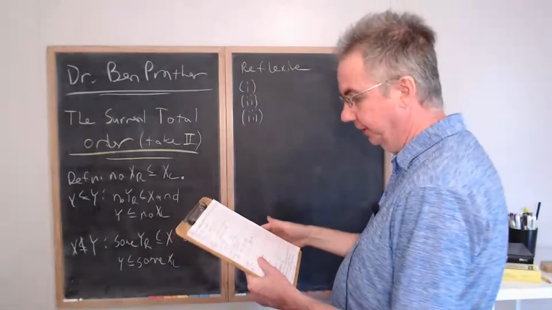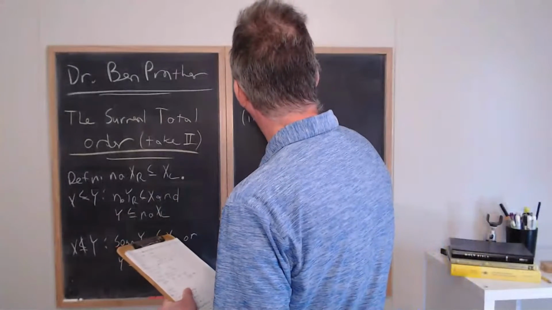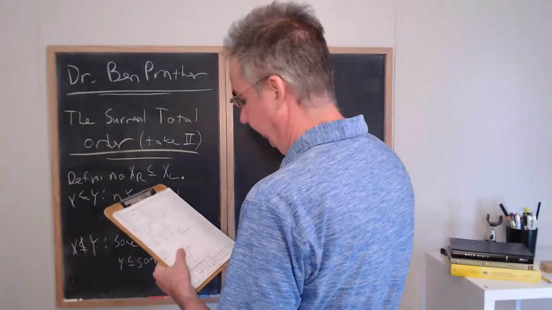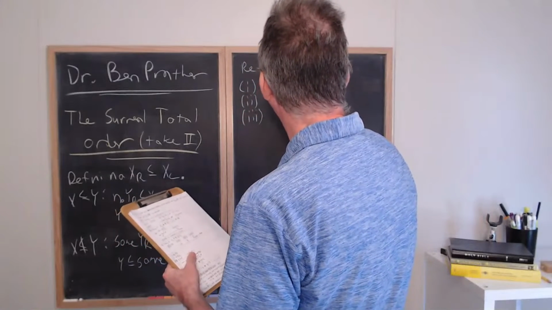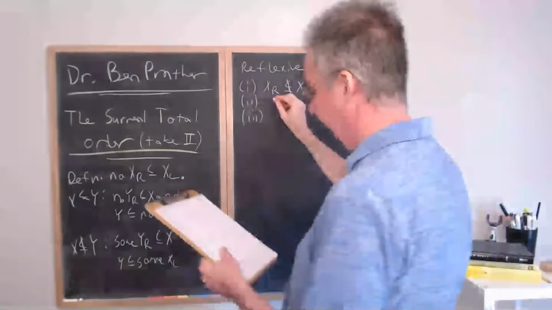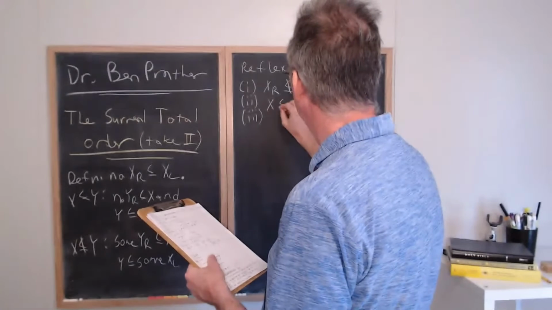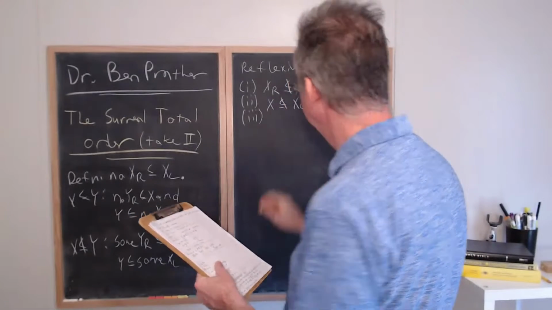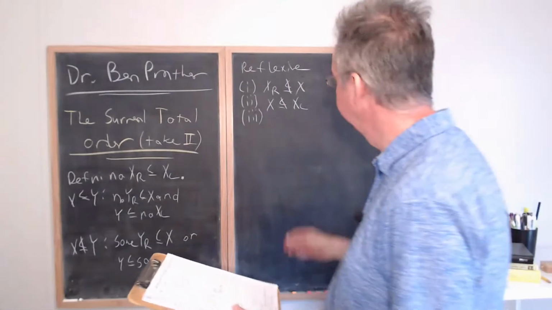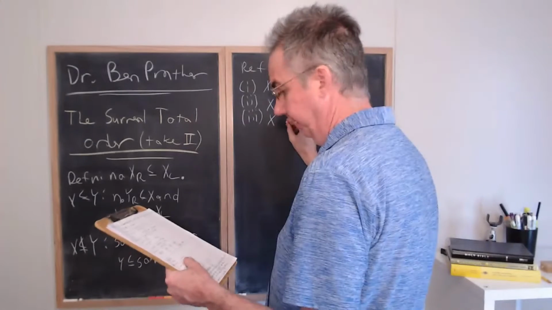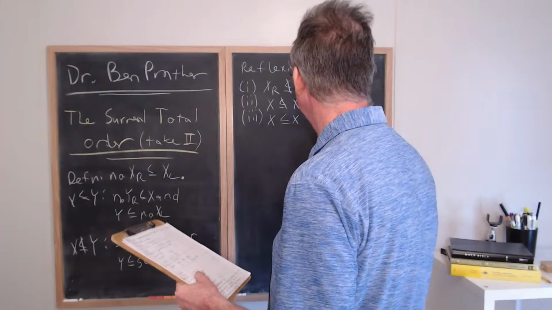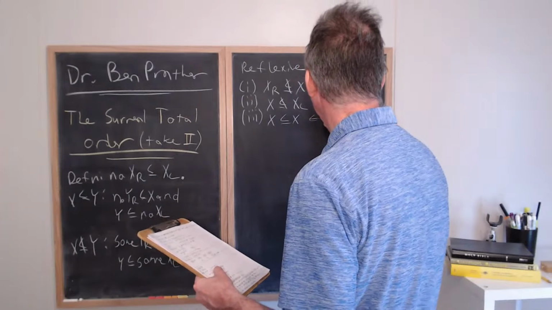The first one that we're going to show is that X of R is not less than X. And the second one we're going to show is that X is not less than any X of L. And then together, this will give us the result that we want, that X is less than or equal to X, which is the property that's called reflexivity.